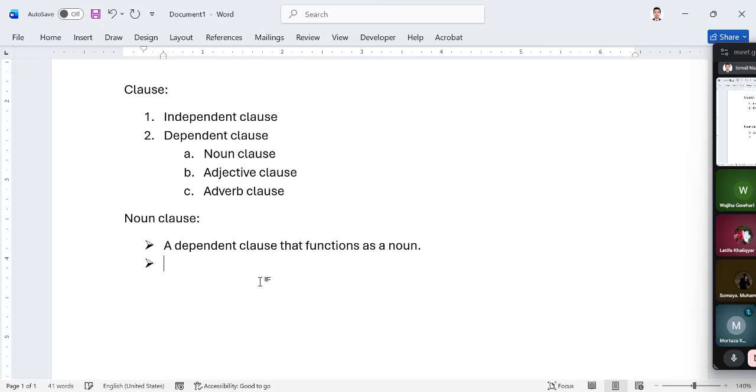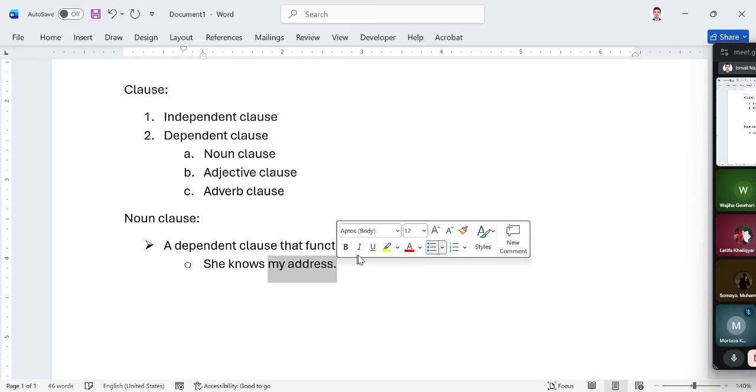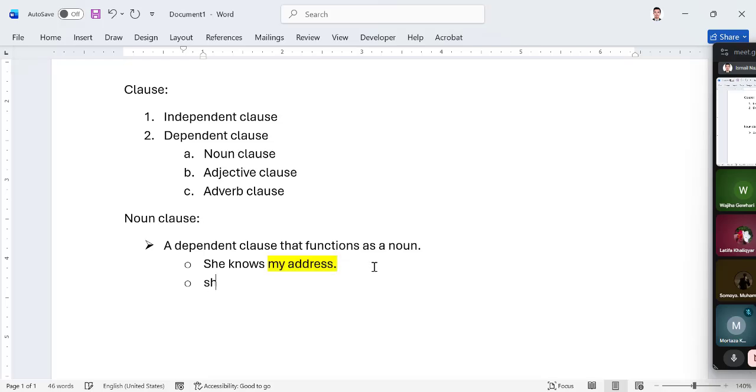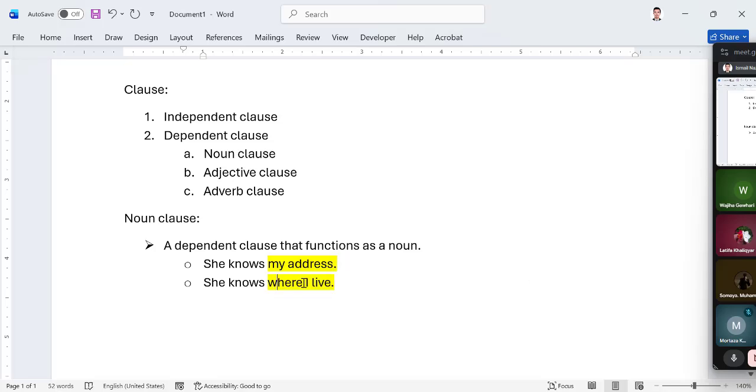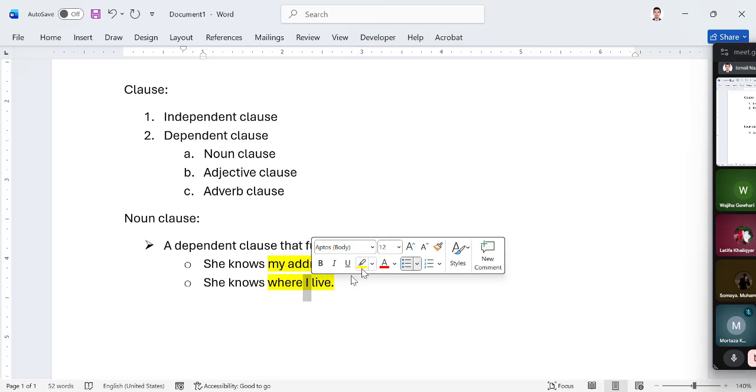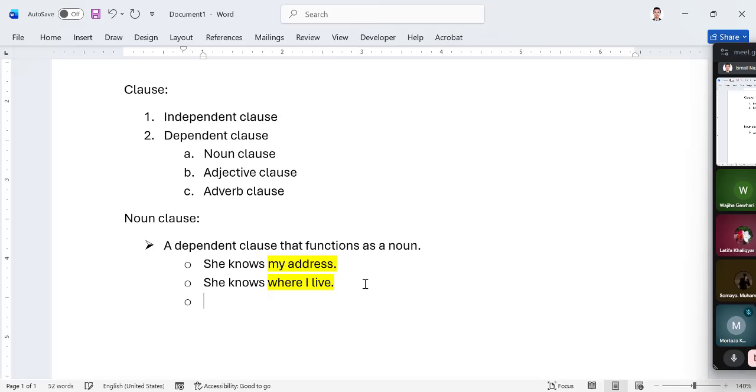For example, if I say "she knows my address," address is a noun. So I can also say "she knows where I live." Here, instead of address, I have one complete clause, which is "where I live." We have the subject, and the verb is live. So it is a clause.